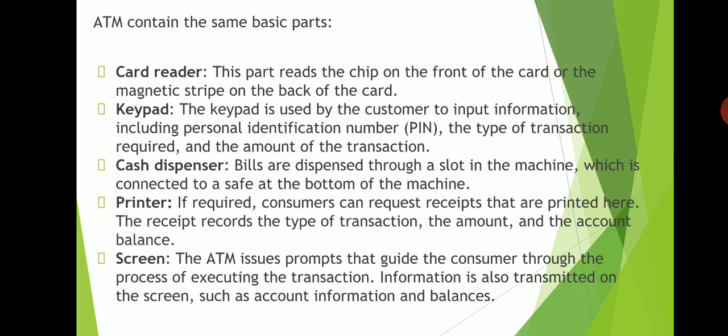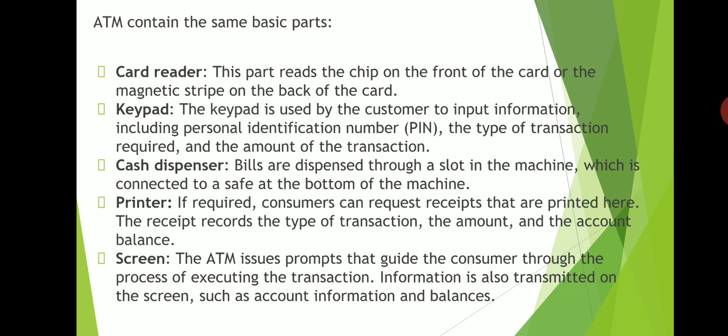This part reads the chip on the front of the card or the magnetic stripe on the back of the card. As we already know, if we are supposed to make a transaction, then it is required to enter our card. So there is a window in which we are going to enter the card that is known as the card reader.